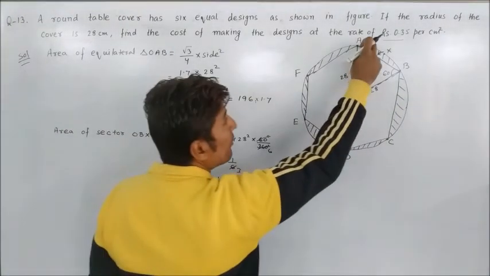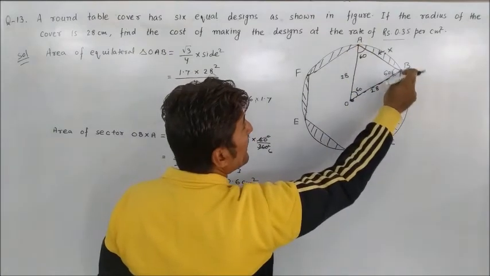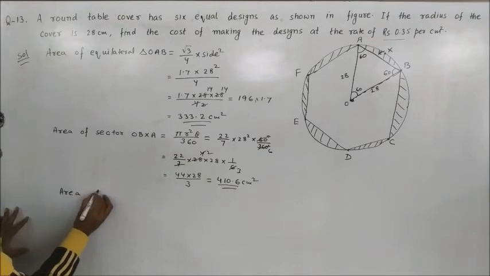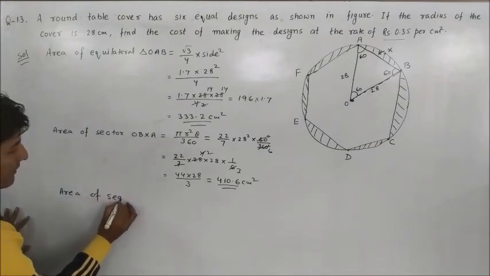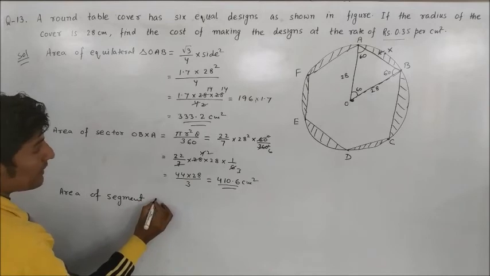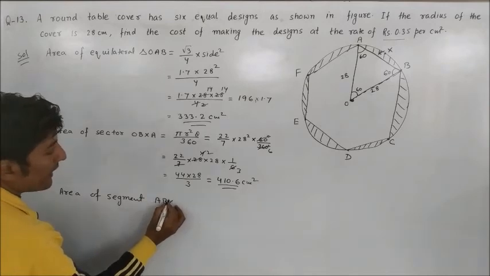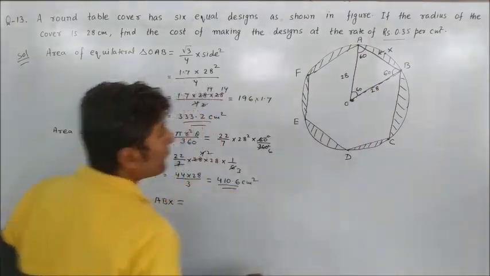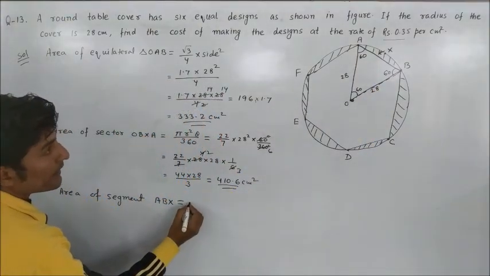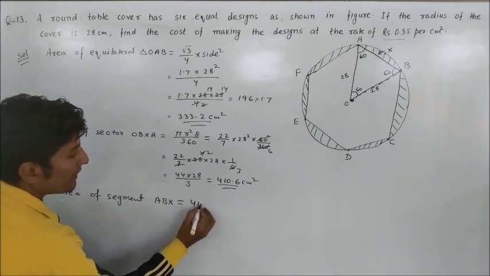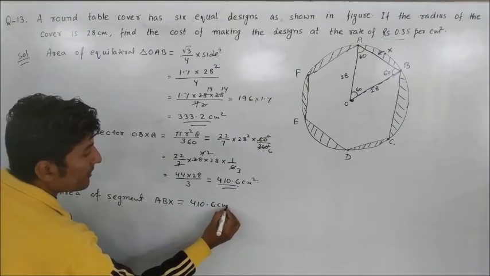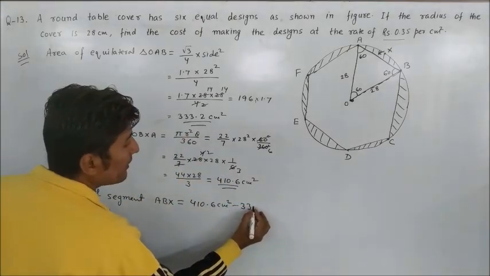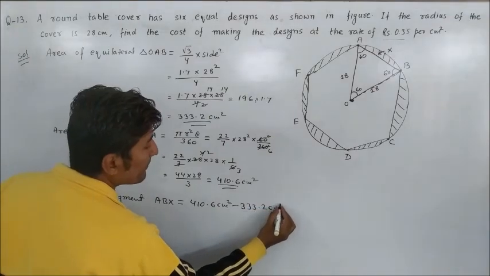After that, to find the area of this segment ABX, we can write area of segment ABX is equal to area of sector minus area of triangle. So here area of sector is 410.6 centimeter square minus area of equilateral triangle, 333.2 centimeter square.